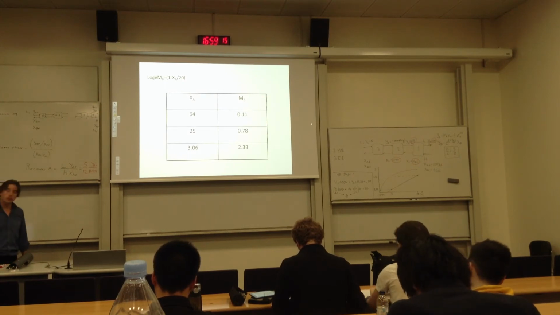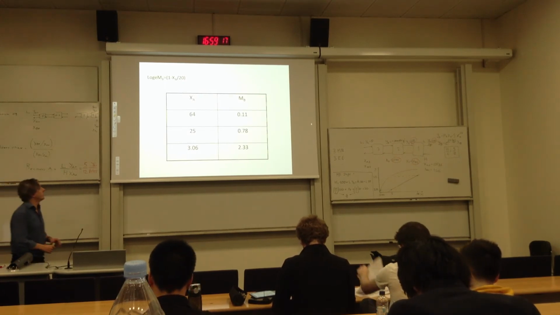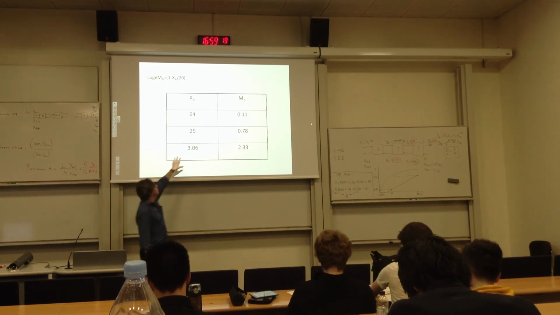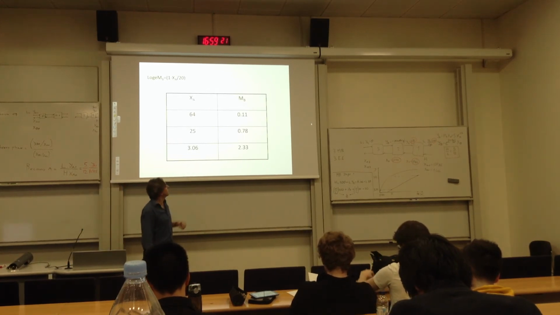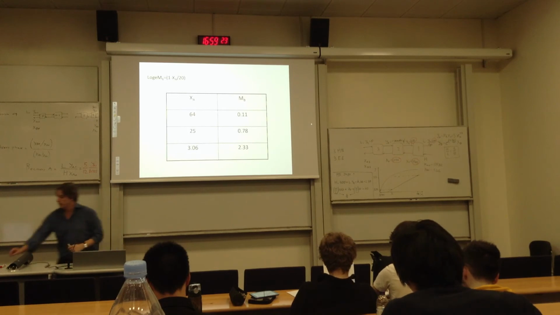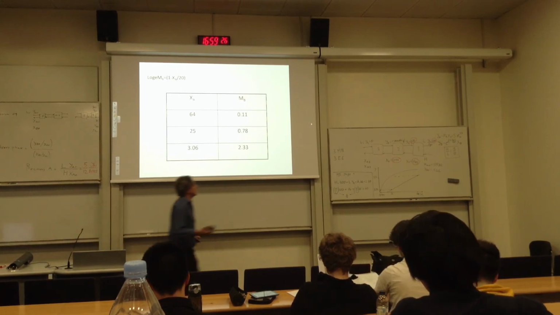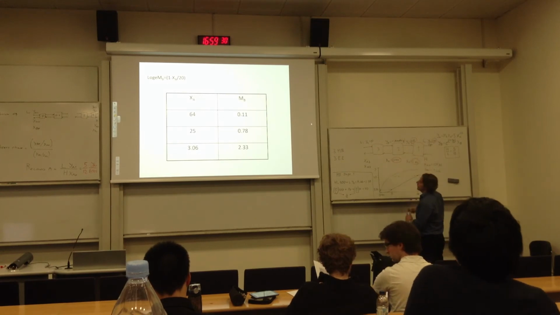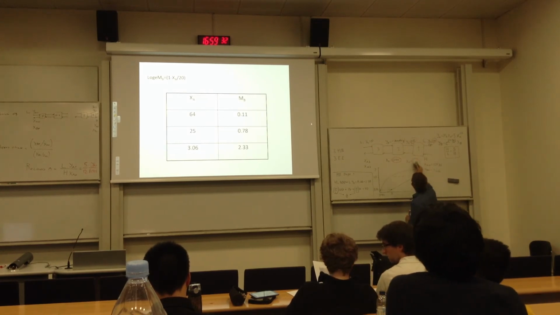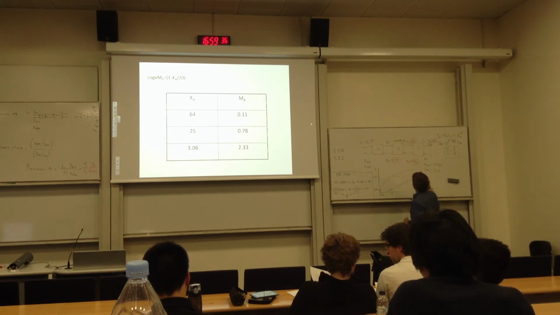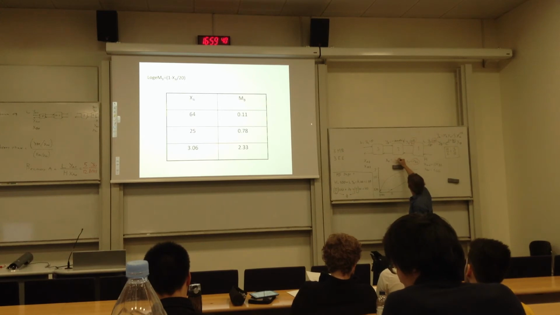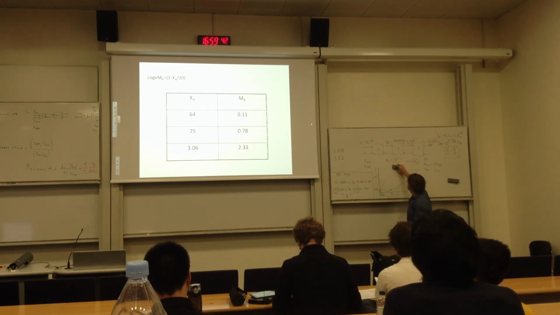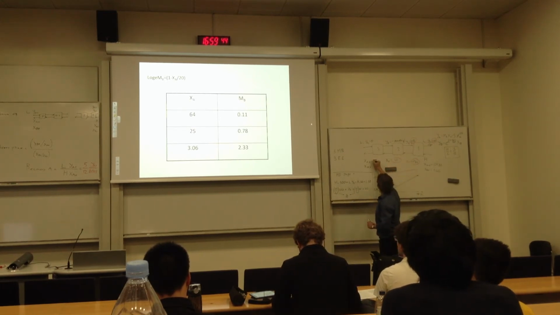Because now we know all the values for A. We know for each stage what A is. Let me just correct, these were the wrong figures. Now we have the right ones, so x1 is 64, xb is 25, and xA3 is 3.06.